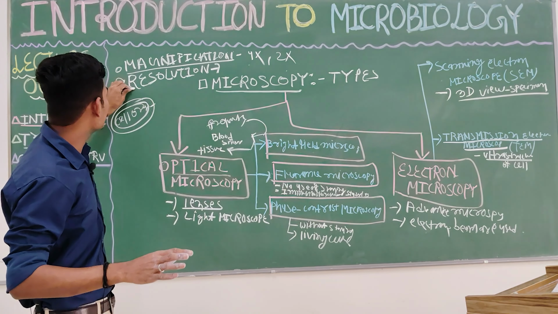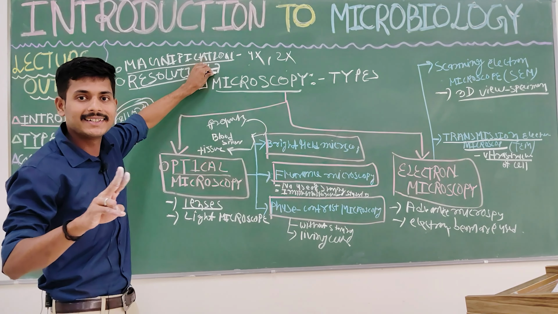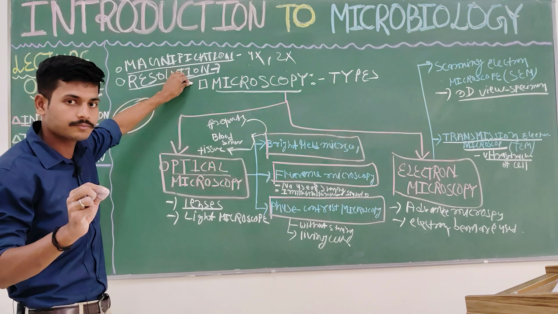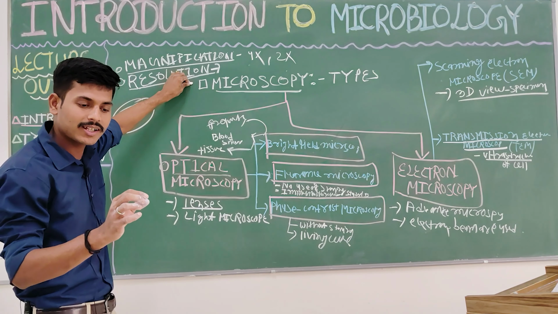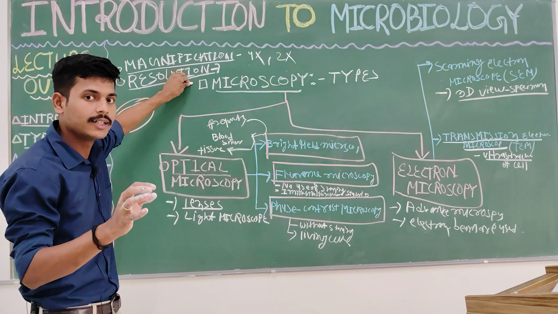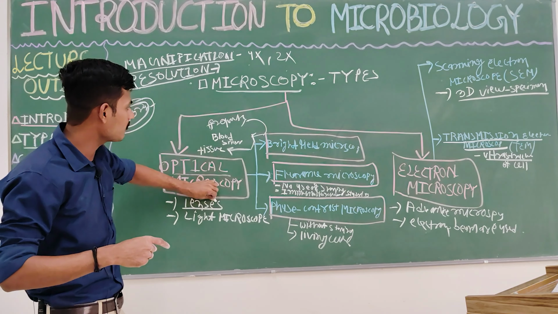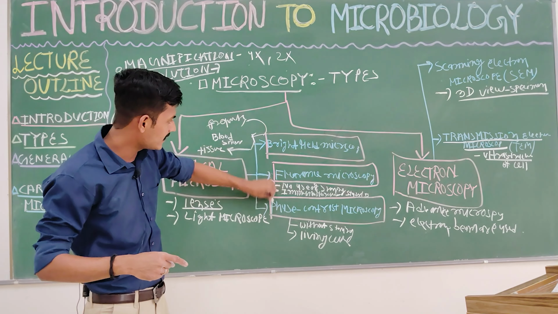Now, resolution means two-point discrimination. With the help of resolution, you can understand things, you can separate very minute things. No problem. Now, let's come to the division. The optical microscopes are divided into 3 types.